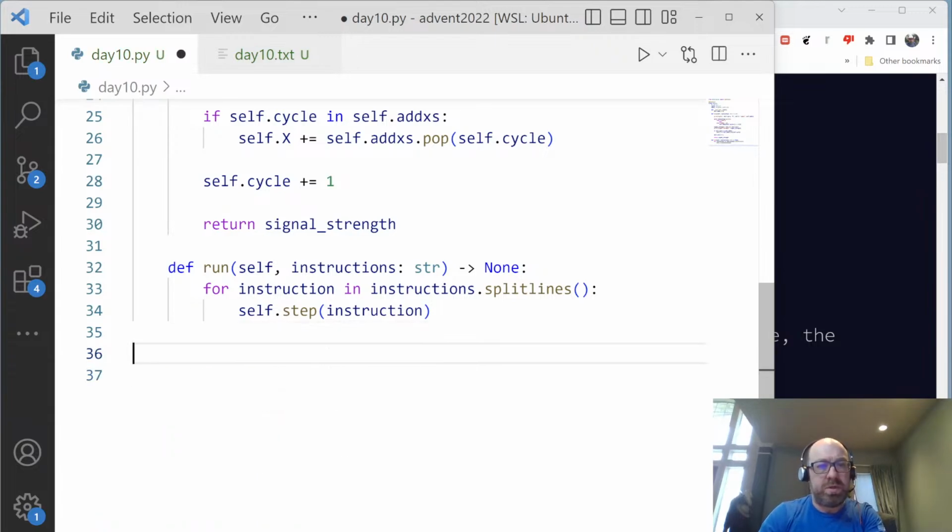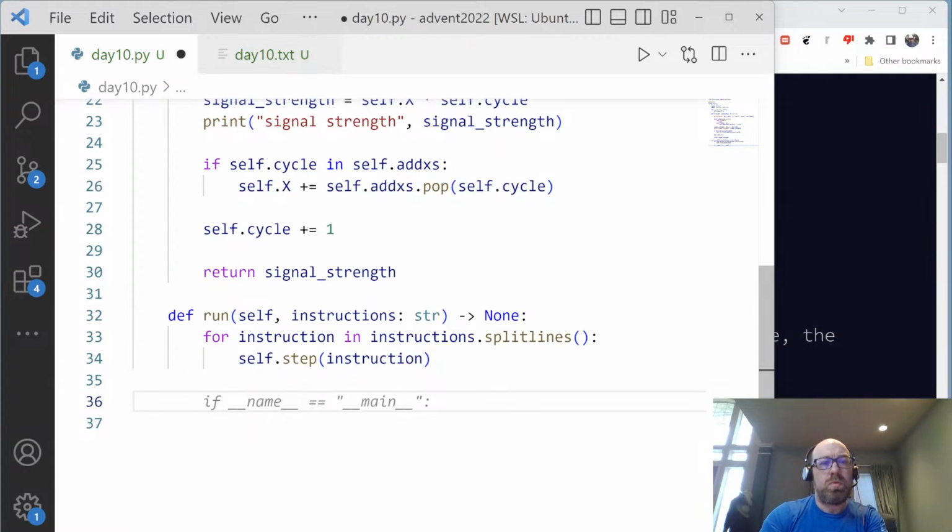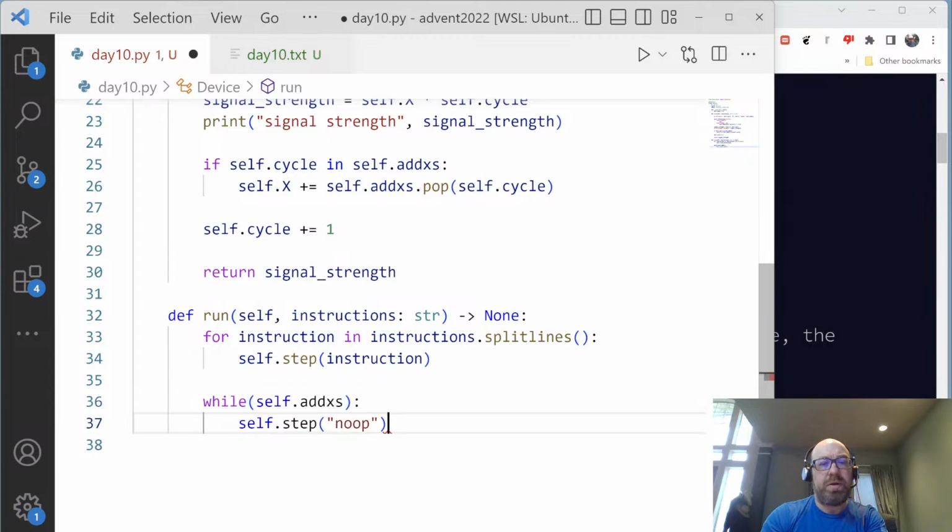No. Okay, Copilot, I don't want that. I want to tab again. Okay, good. What I want to do is I need to worry about self.xs, self.step. No, okay, good. So as long as I have things still in the queue, I want to keep doing them.